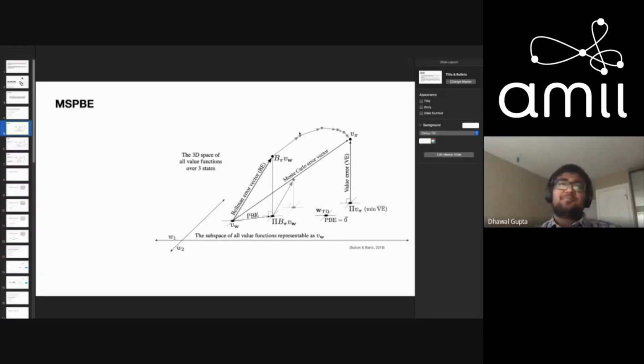So I'm going to use the mean squared projected Bellman error just because the zero of the mean squared projected Bellman error coincides with the TD solution, and the Monte Carlo solution normally gives us the minimum value error.